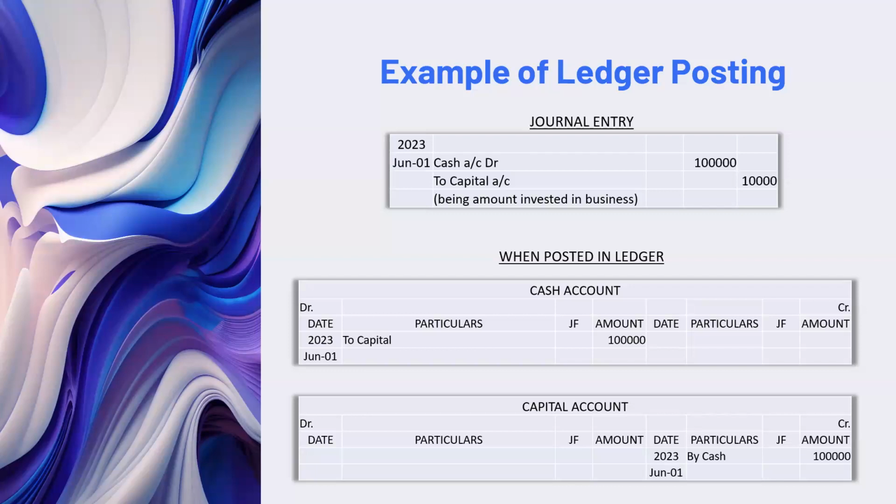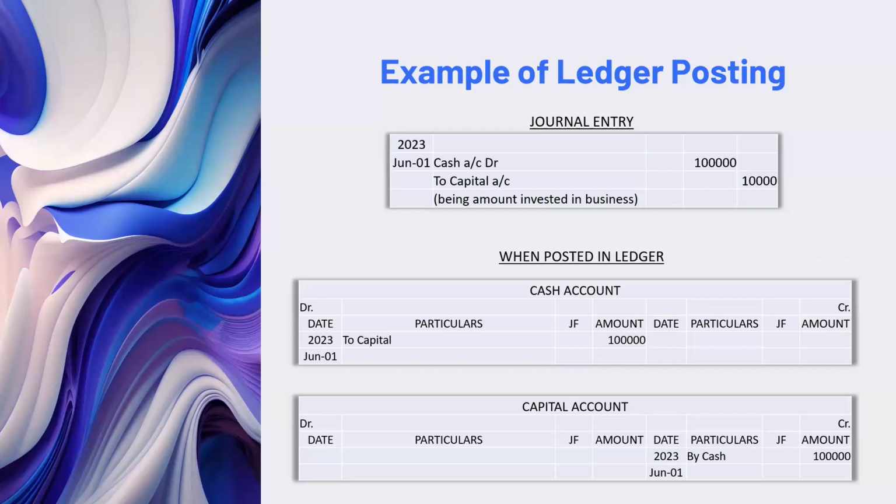And the second thing is there is a rule for each account: personal, real, nominal accounts. In personal accounts, it's always debit the receiver, credit the giver. In real accounts, debit what comes in, credit what goes out. And in nominal accounts, debit all the expenses and losses and credit all the incomes and gains.